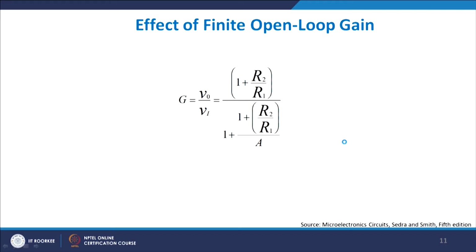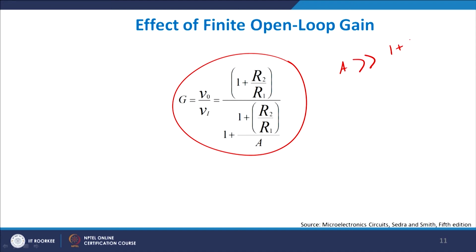Again, if you take a finite open loop gain in case of a non-inverting terminal, I get the gain V 0 by V I equals 1 plus R 2 by R 1 upon 1 plus (1 plus R 2 by R 1) by A. Now in this case also, if A is very large as compared to 1 plus R 2 by R 1, then this automatically vanishes and I get the closed loop gain equal to 1 plus R 2 by R 1.